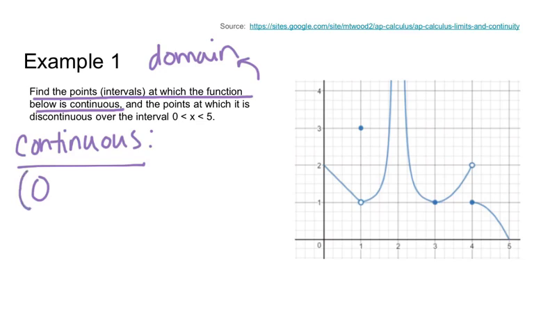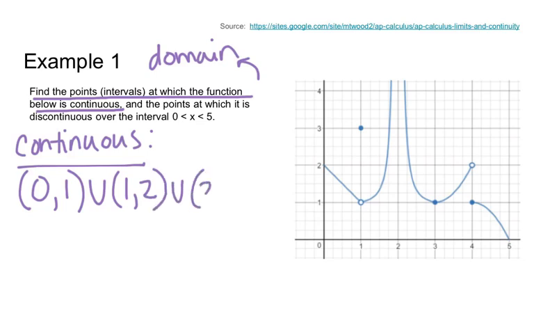Alright, so we're on 0, we're traveling until we get to 1. And at 1 we have a removable discontinuity or a hole. So that's going to be our first break. And then we're going to use that union symbol to continue on. So picking back up at 1, and as we get closer to 2, we're going up to infinity. So we're not actually going to reach 2, we're just going to approach it.